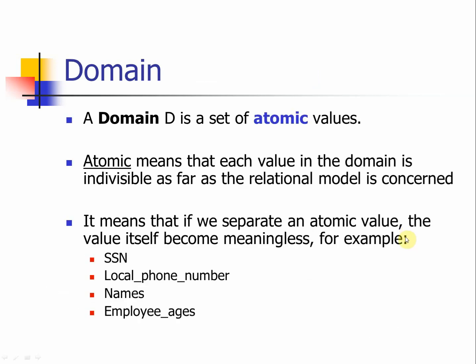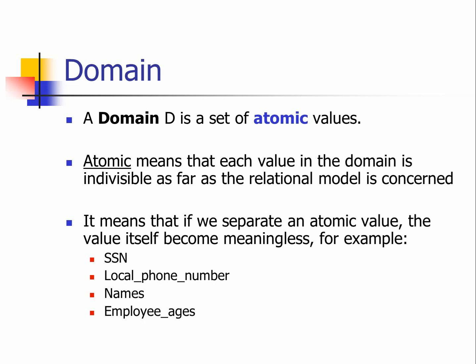Domain. For each attribute, we want to define the domain of it. So a domain D is what we call a set of atomic values. What is the meaning of atomic? Atomic means that each value in the domain is indivisible as far as the relational model is concerned.